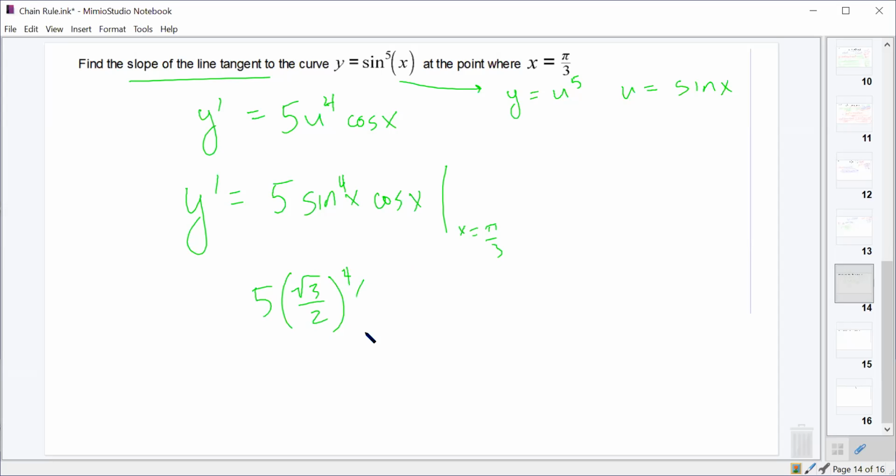And then the cosine of pi over 3, which is a half, right? Then what? Multiply it all out. Root 3 to the 4th ought to be just 9, times 5 is 45, times 1 is 45. And then 2 to the 4th times 2, or 2 to the 5th, is 32. Good or no?